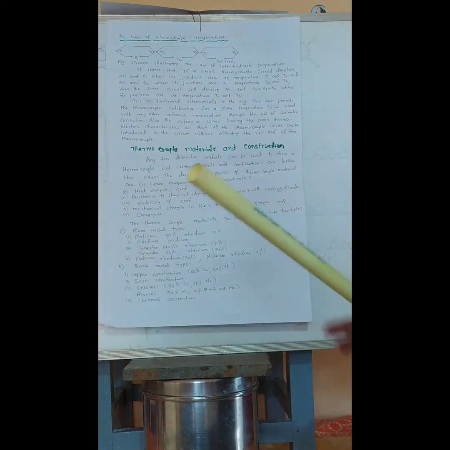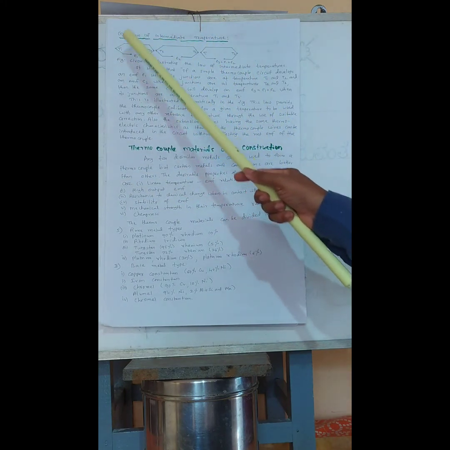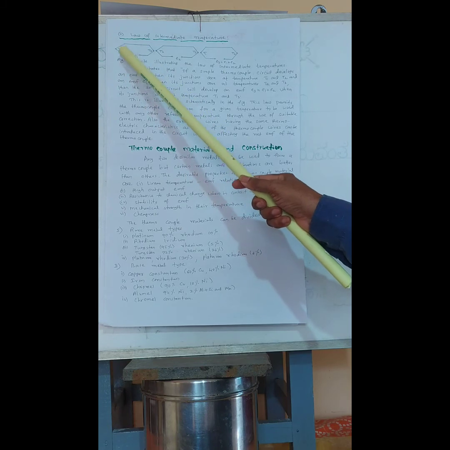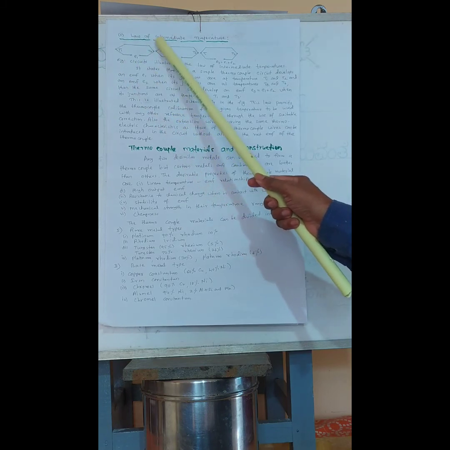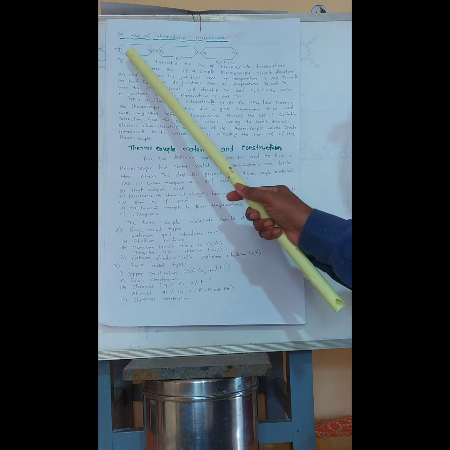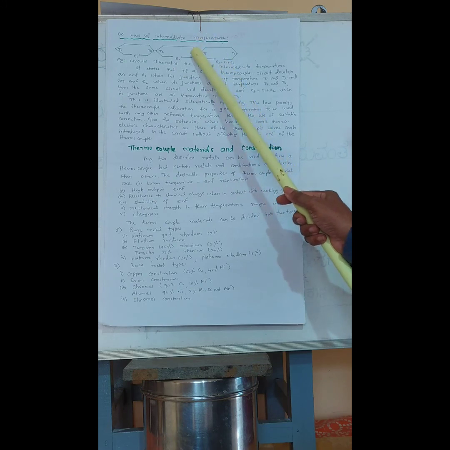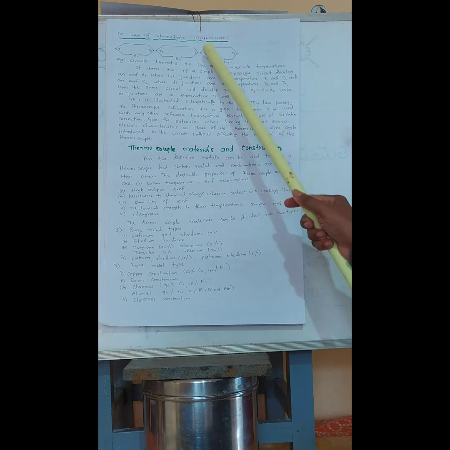Now, the second law, the law of intermediate temperatures. A thermocouple with junctions at temperatures T1 and T2 will produce an EMF E1. Then T2 and T3 produce EMF E2, and T1 and T3 produce EMF E3.